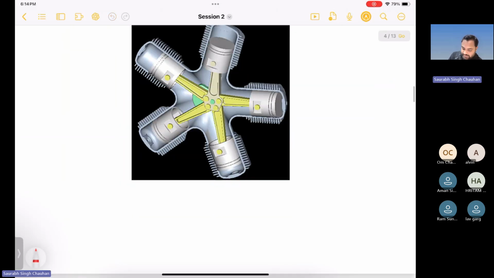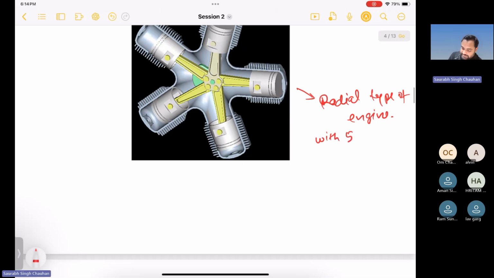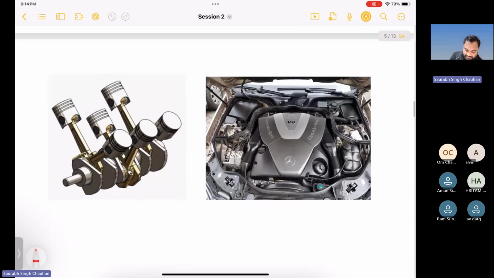Okay, this was radial type of engine with 5 cylinders, and this is V6 engine, and this is V8 engine.